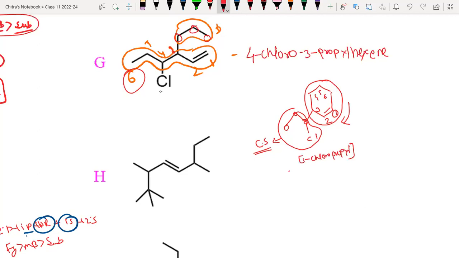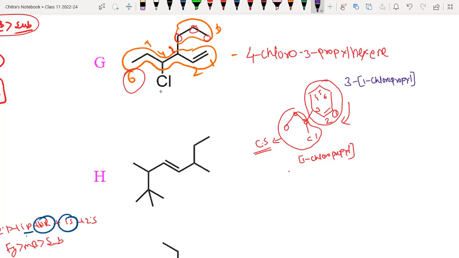Its position is 3, so we have to write 3, then in bracket 1 chloropropyl. Done. So square bracket close.